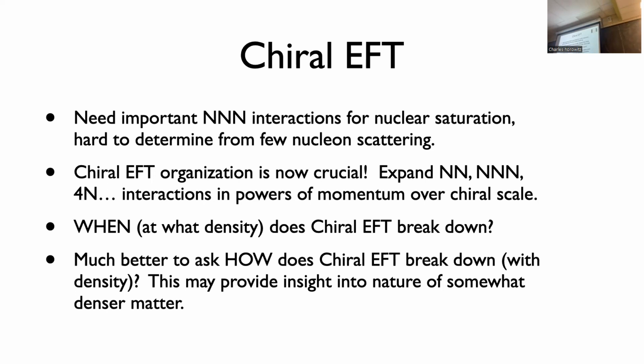So we don't use phenomenological 2 nucleon forces, although it can look pretty similar. This chiral effective field theory expands 2 nucleon, 3 nucleon, 4 nucleon interactions in powers of the momentum over a chiral scale. So chiral effective field theory can predict the 2 nucleon and 3 nucleon forces.